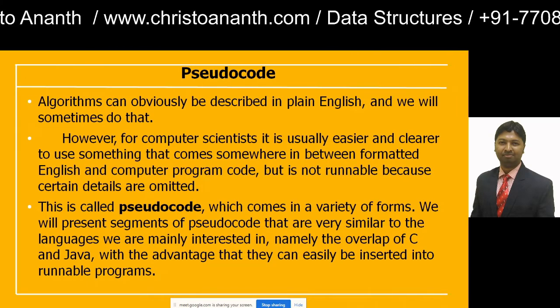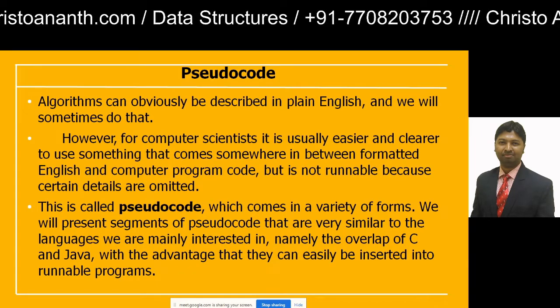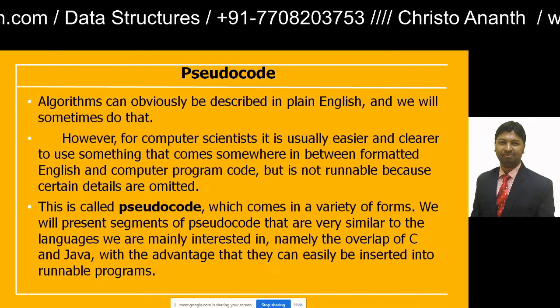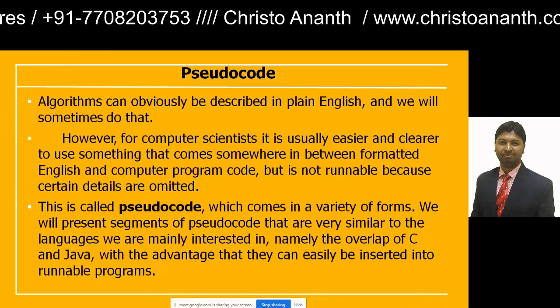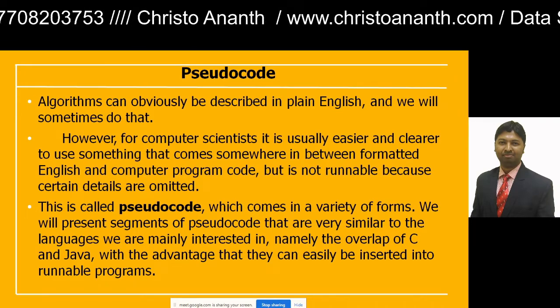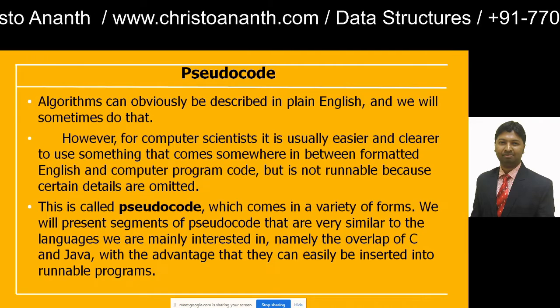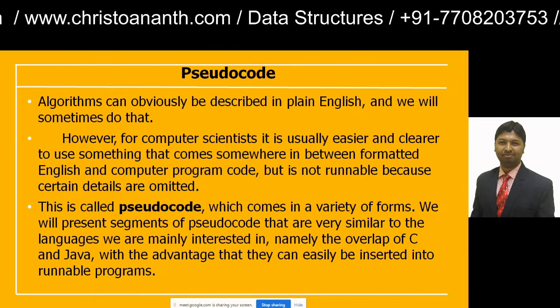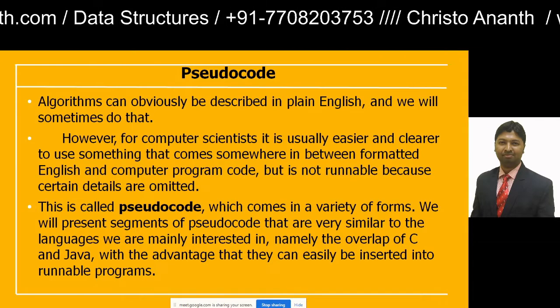So normally when you try to write algorithms, they should be written in plain English that a human being can easily understand. But for a computer scientist, generally, it should be written in a language that is understandable by both the computer as well as human beings. So this is pseudocode.